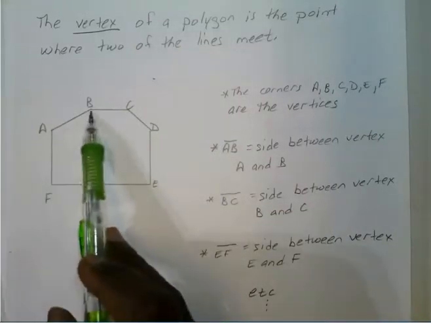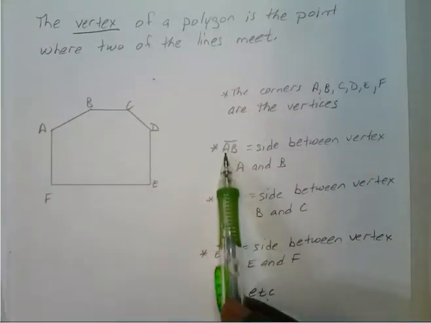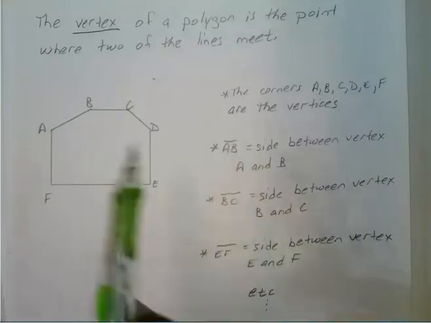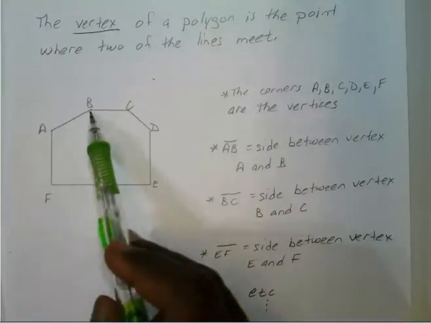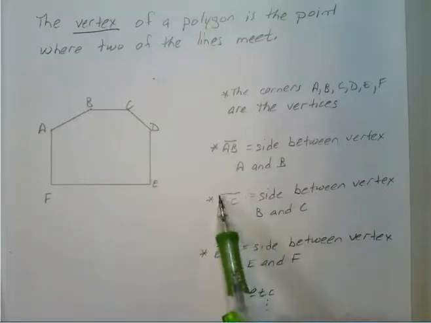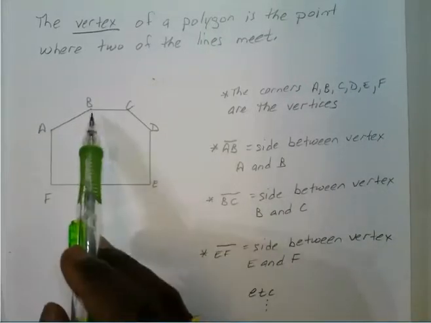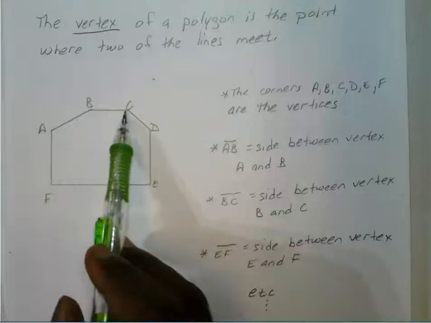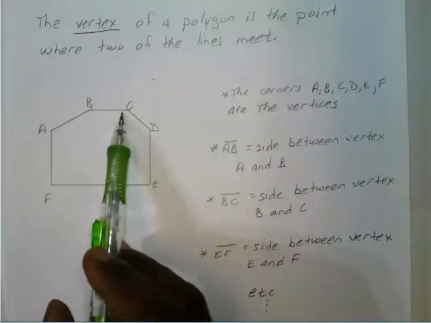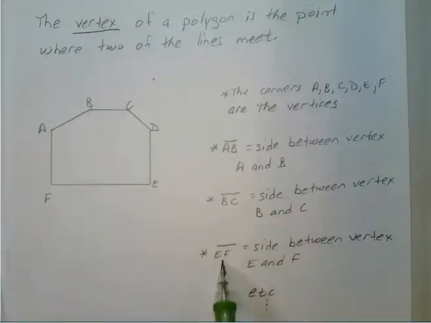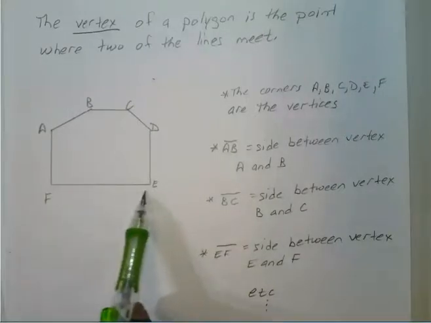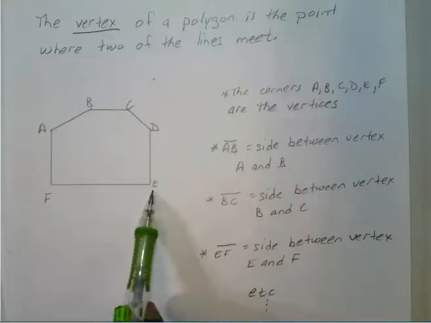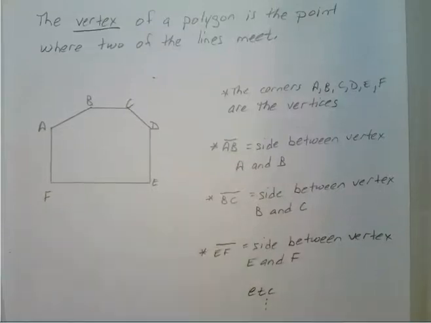Okay, so the notation, if you see A and B with a line across it, that's the line between the two vertices A and B. If you see B and C with the line over it, that's just representing this line here between the vertices B and C. If you see E and F with a line over it, that's just representing this line here between points E and F. And the rest of them are the same way.